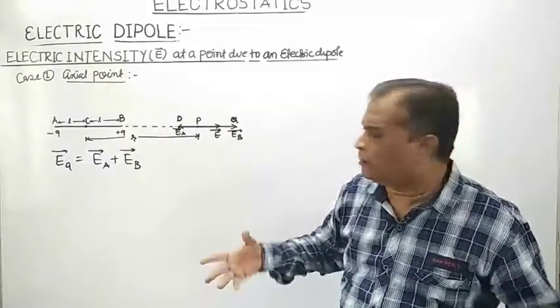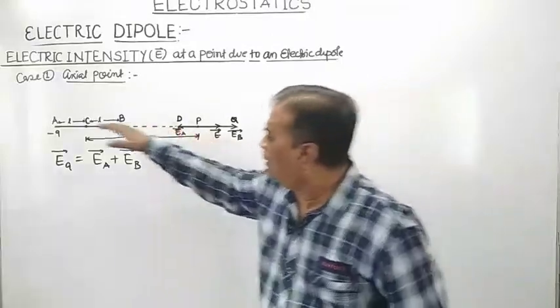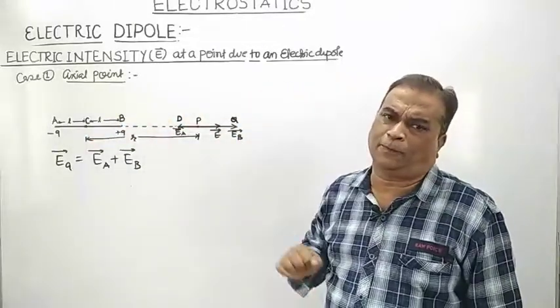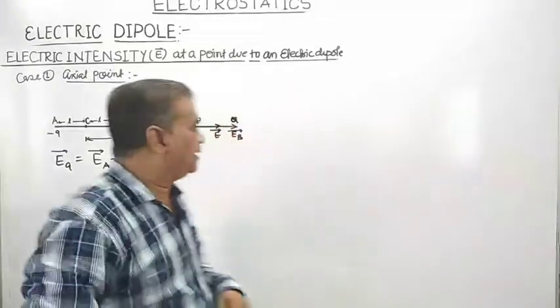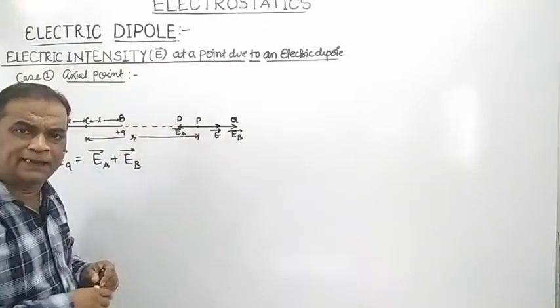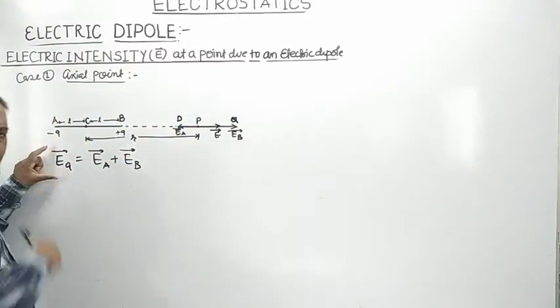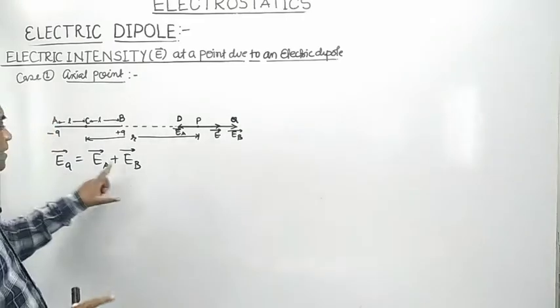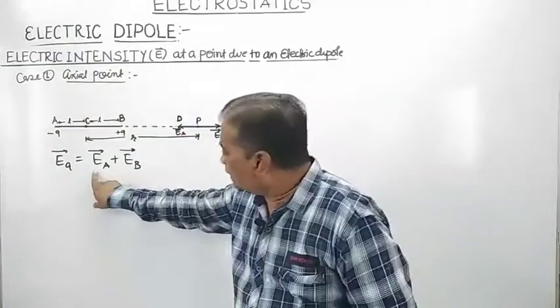What do we want to find out? The electric field intensity at any point P along the axis of a dipole. Remember, the resultant electric field intensity at an axial point P, denoted by EA, must be the vector sum of what?